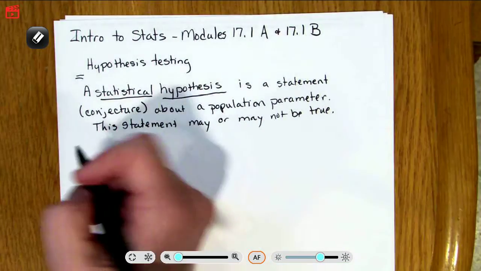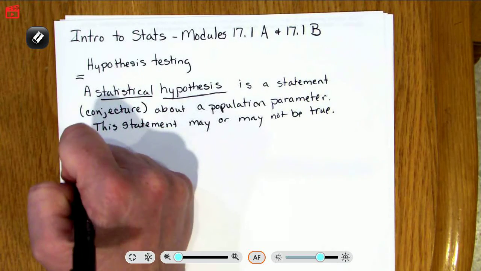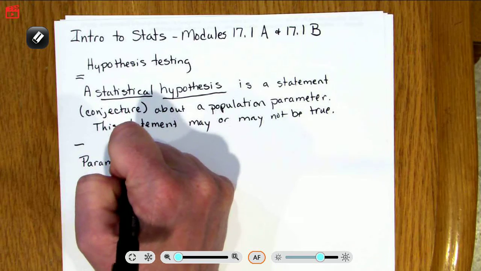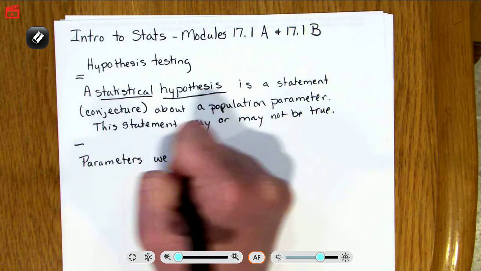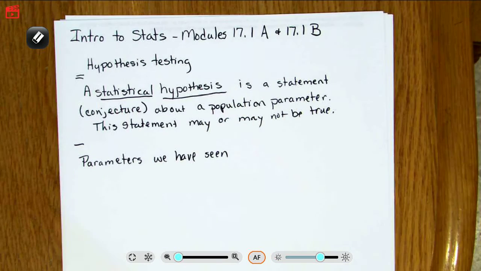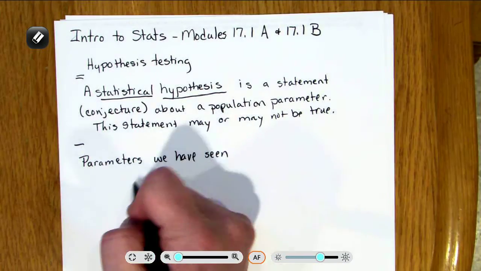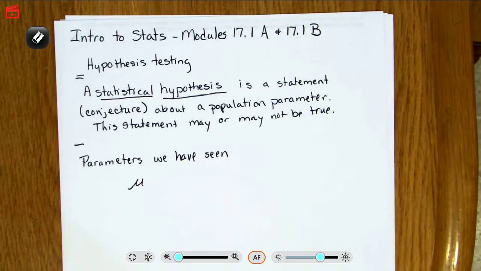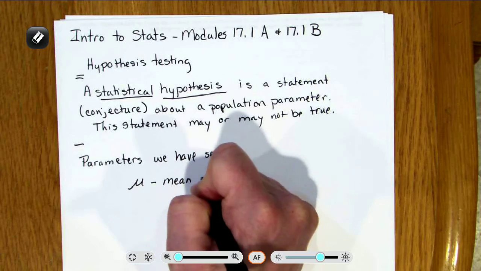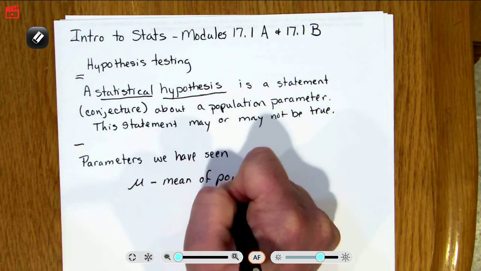Okay, kind of remind us some of the parameters that we have seen so far. And remembering that a parameter is like a measurement on our population. So we have seen this guy, which we remember, hopefully, is the mean of a population.